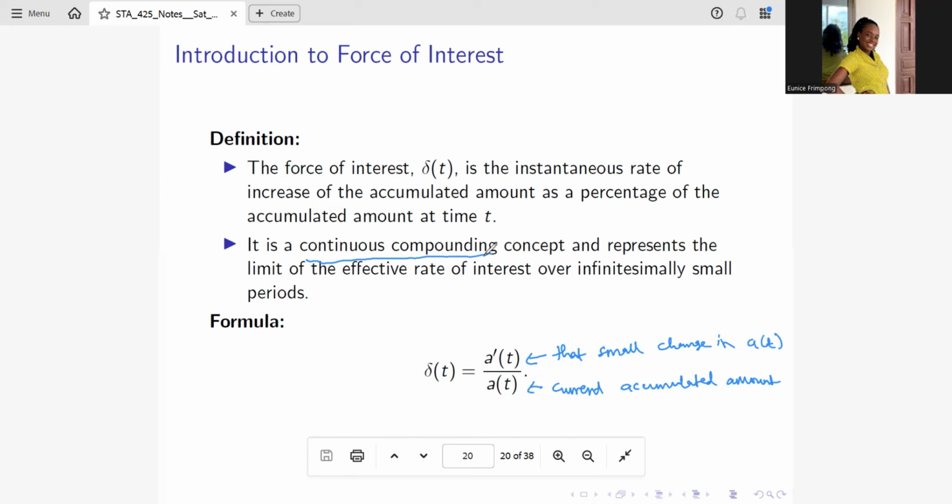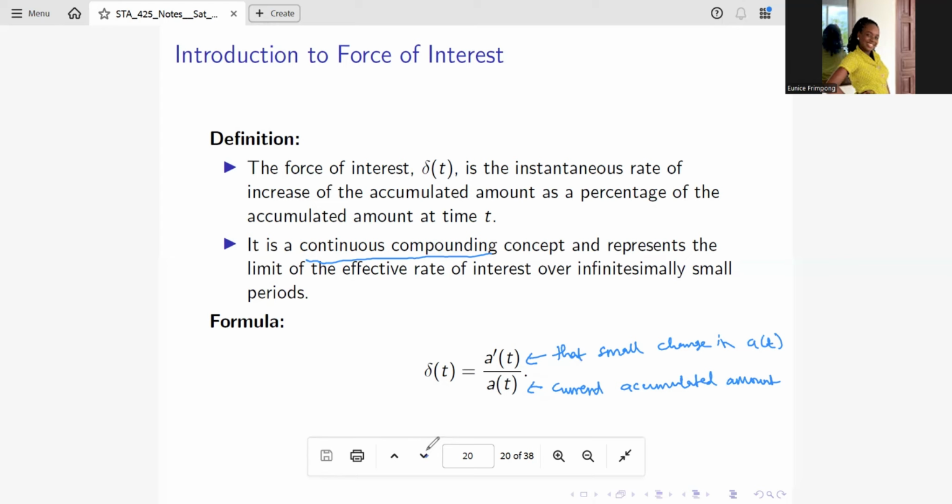So because it is working with continuous compounding, the interest here is when there is that little change in time, by how much has our investment increased? When there's that very, very small change in time, what has happened to our investment? So it's almost close to saying that right now, at this time t, what is happening to our investment?